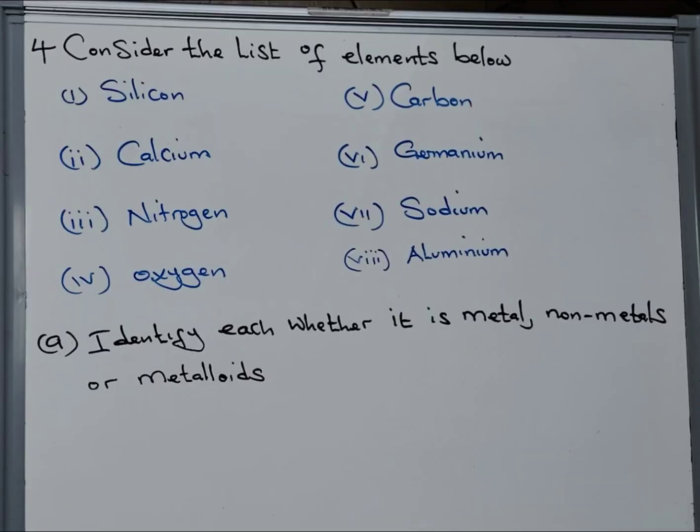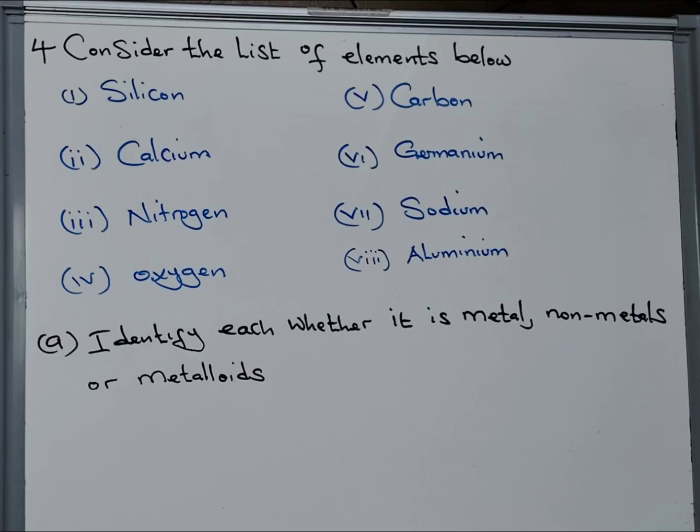Then comes this question. It says that consider the list of elements below. And these are the elements we are talking about. And the question says, identify each, whether it's a metal, non-metal, or metalloid.